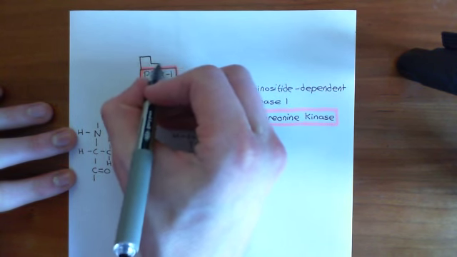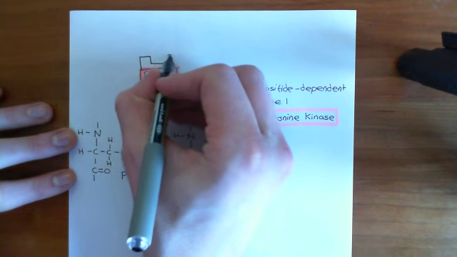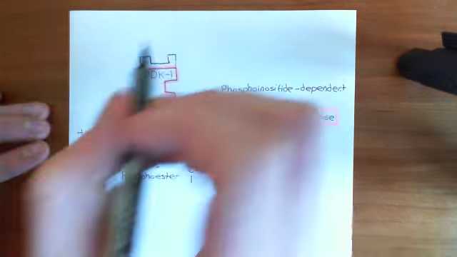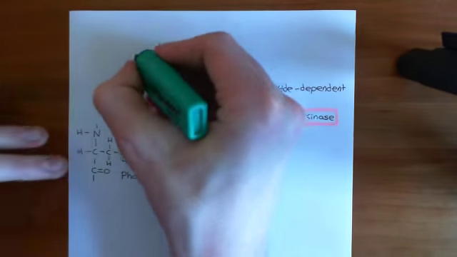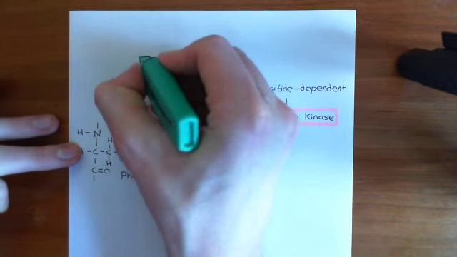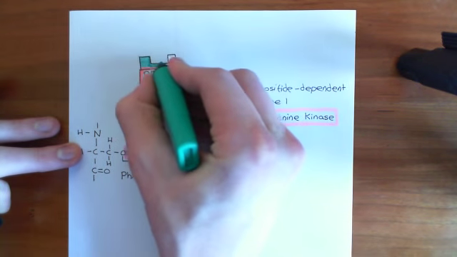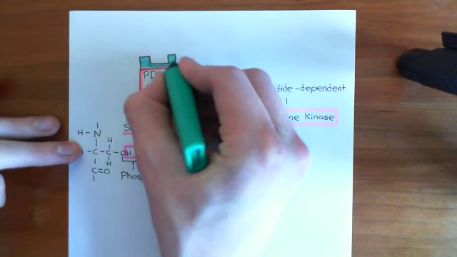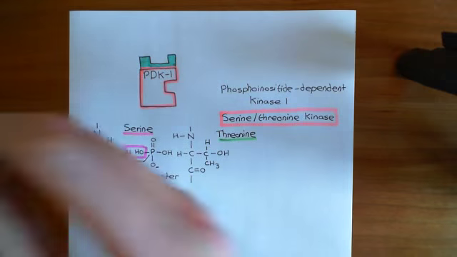So basically, phosphoinositide-dependent kinase 1 enzymes have a special domain, which I'll colour in here. This special domain is called a PH domain, which stands for pleckstrin homology domain.